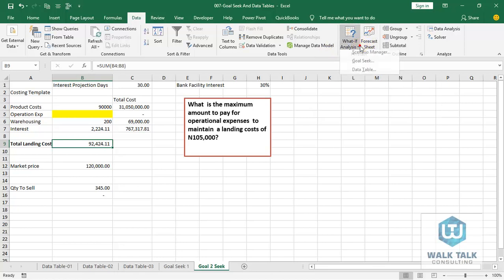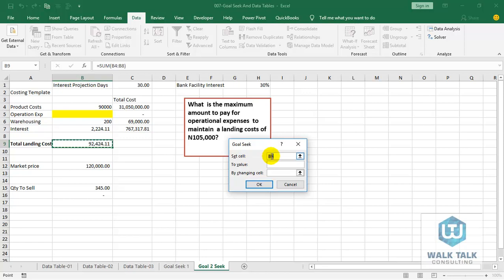So I come to What-If Analysis and say GoalSeek. Now my target is the landing cost. I want to set this cell to be 105.